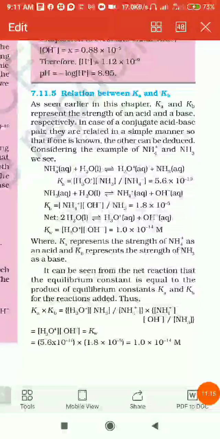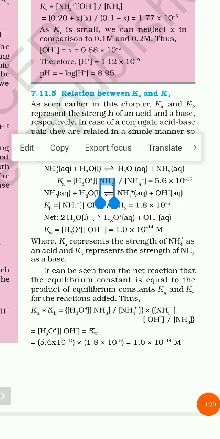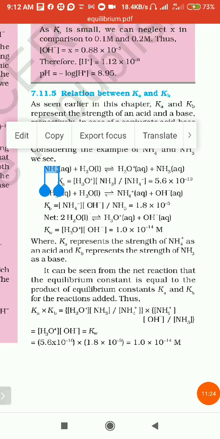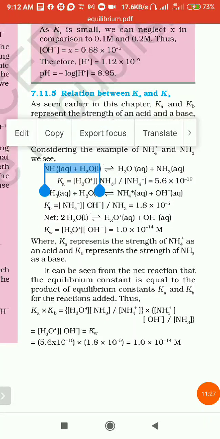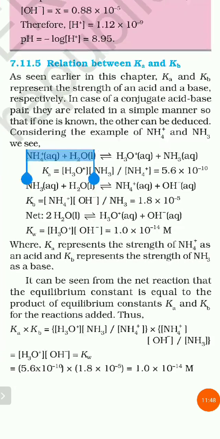Look here. For the acid, it is the concentration of products divided by the concentration of reactants. There are two reactants, but we have written only one, not the water molecule. Why is it neglected? Because the equilibrium constant for water is neglected; it is a constant value, that is, 1. The pure water value is constant.